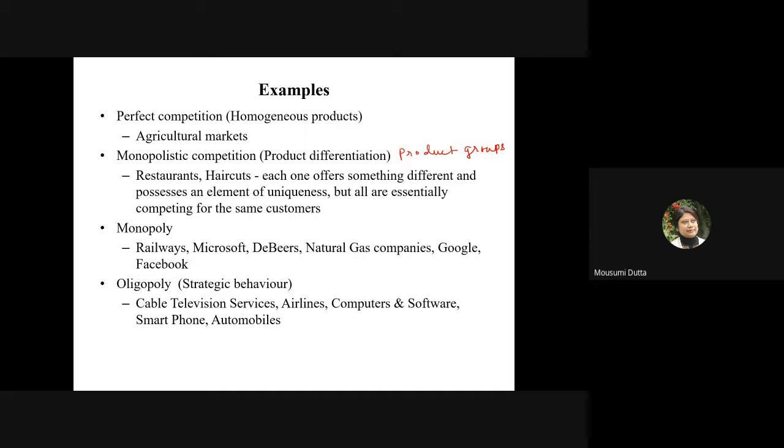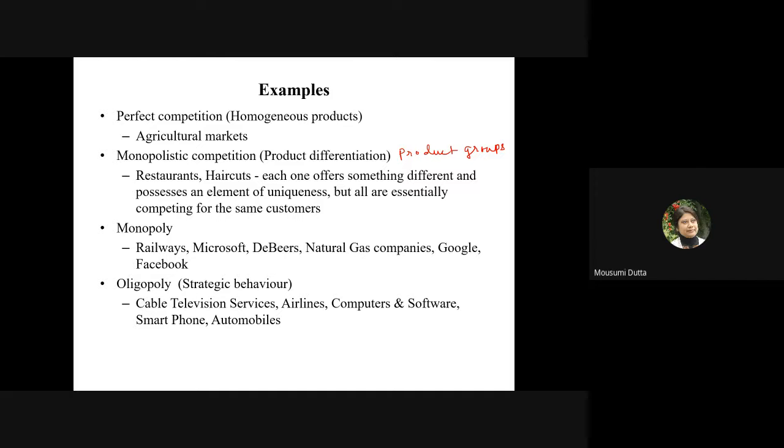Okay? And that group may have enough control on the price as well. All these are not monopoly, because there are close substitutes, substitutable. So I cannot say these are monopoly. If you think about a very hi-fi brand too, in that case also there is a substitute.